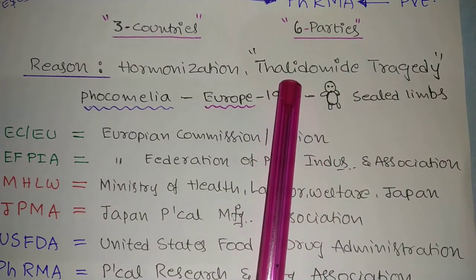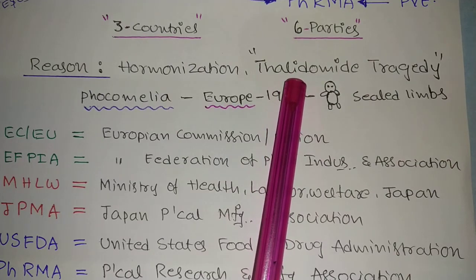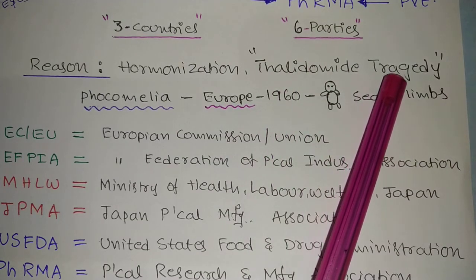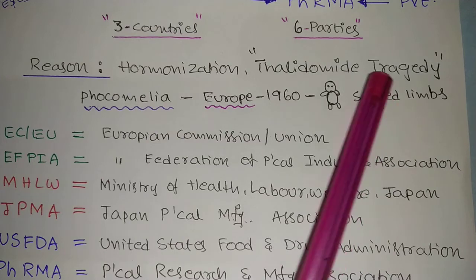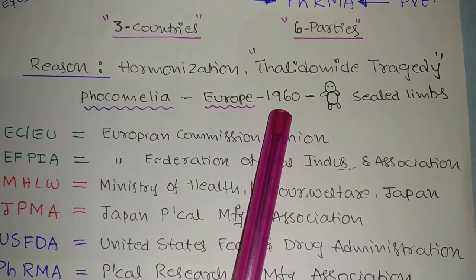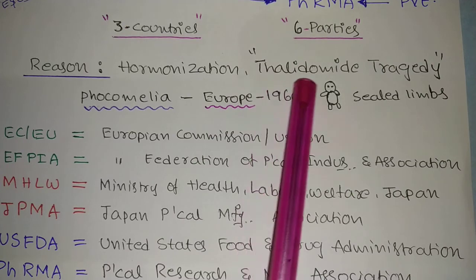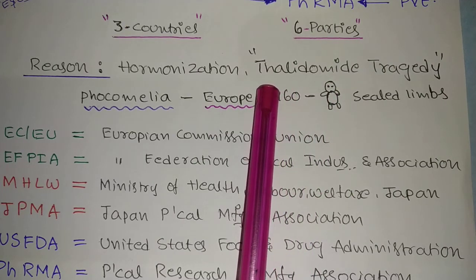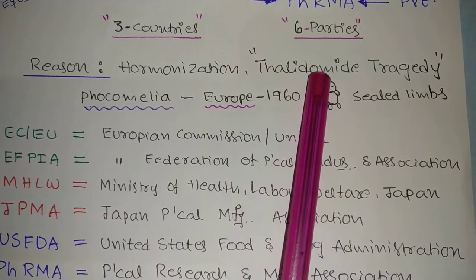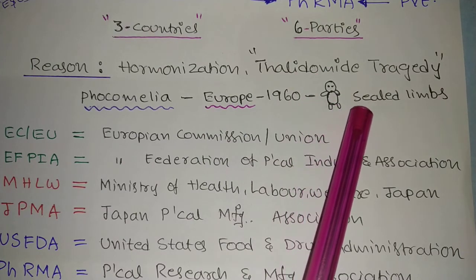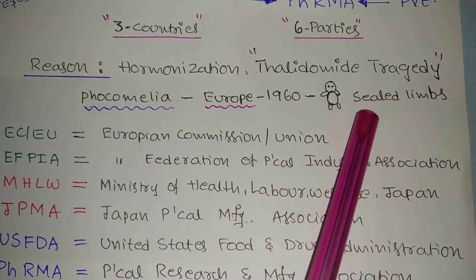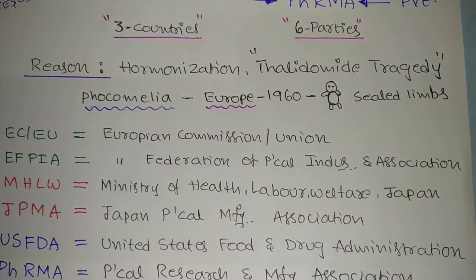Thalidomide is one of the drugs. There was a big tragedy in Europe in the year 1960, because the mothers who consumed thalidomide gave birth to babies having sealed limbs.